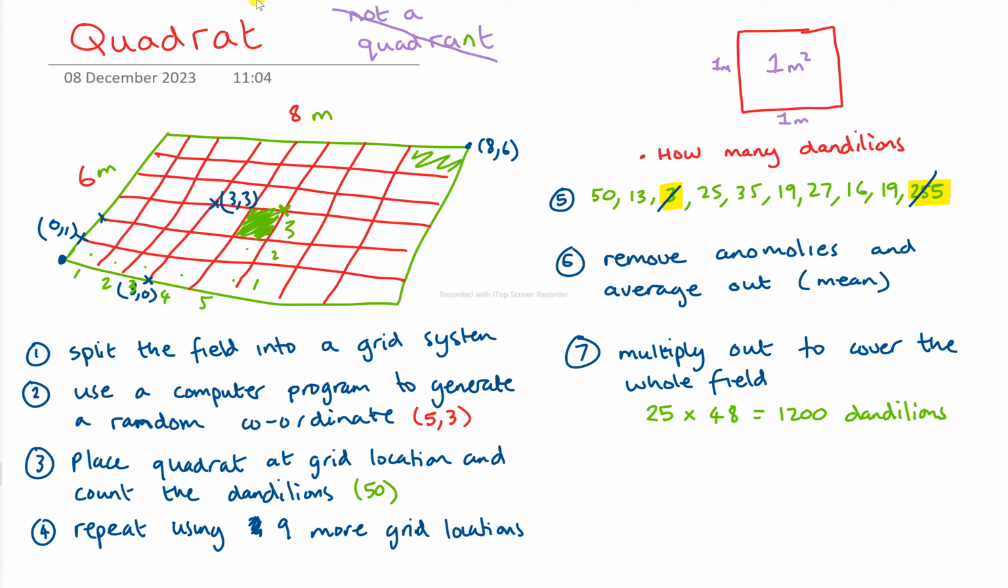Let me just highlight this. It's got to be random. It's important that you repeat and you remove any anomalies because they can affect the result. Then you work out the mean and you multiply out. These are the key steps. And that's it. That should do it.